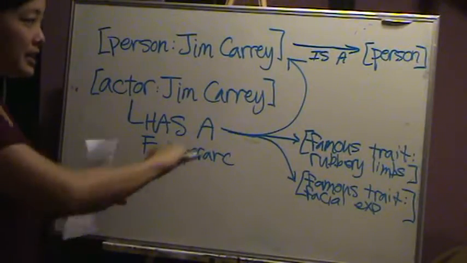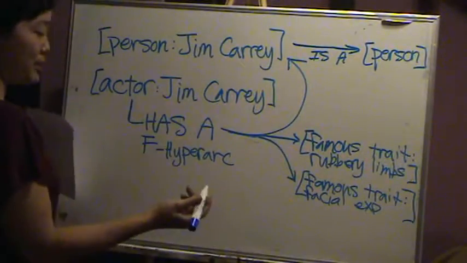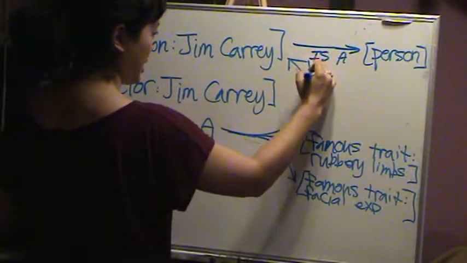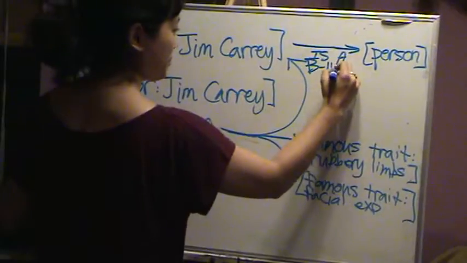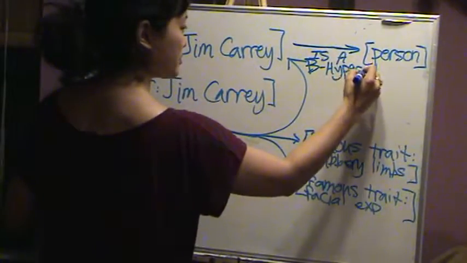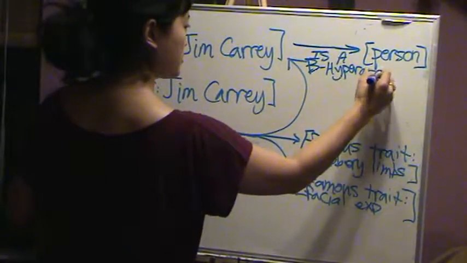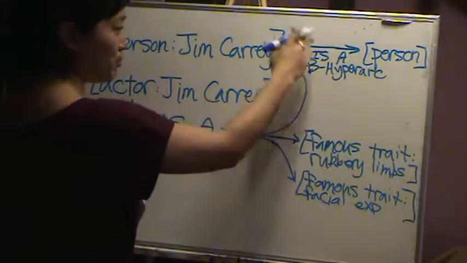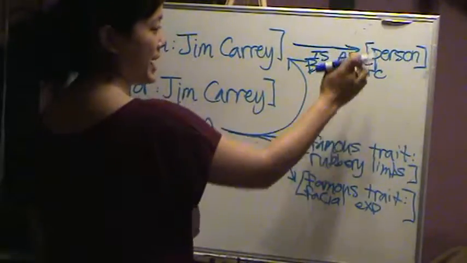And this is a relationship is exclusively a B hyperarc. Alright, which means that it can have multiple tails but only one head.